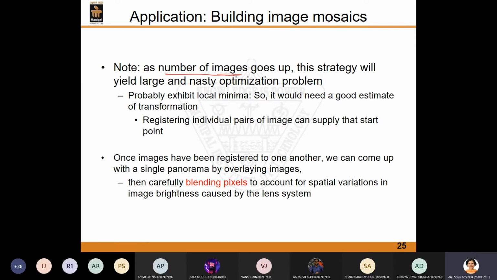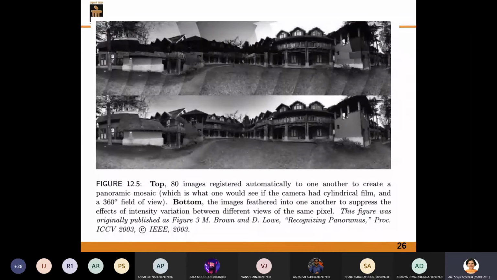Now coming to image blending output, let's say you have registered some images. In this particular example, there were 80 images, and these 80 images were registered together to give us the image mosaic.